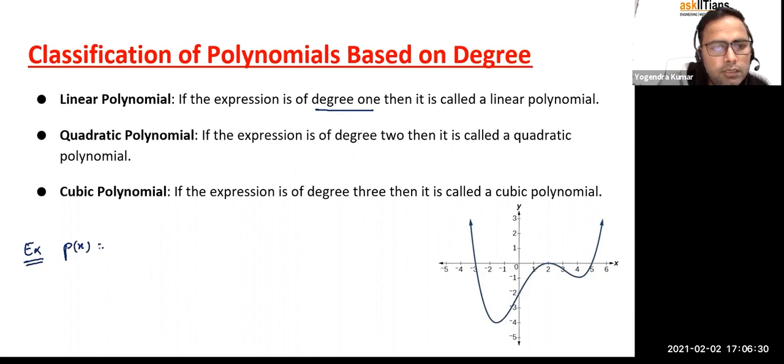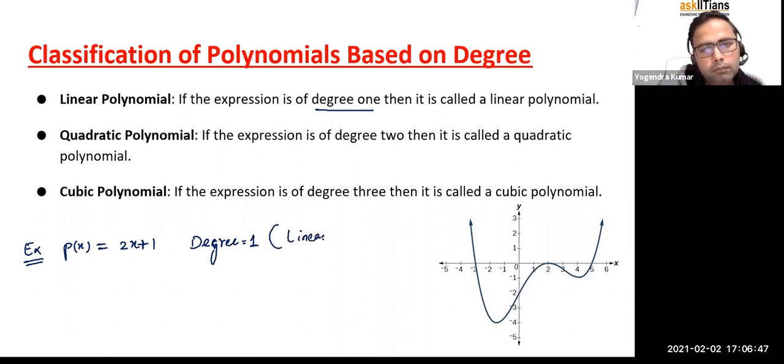P of x is equal to 2x plus 1. Degree is 1. So this polynomial is linear. Linear polynomial, degree is 1.